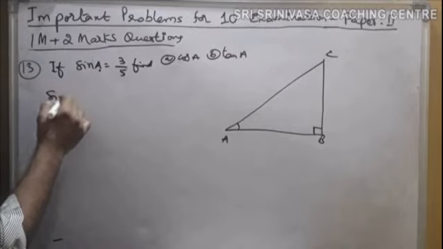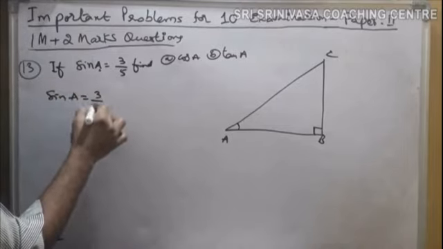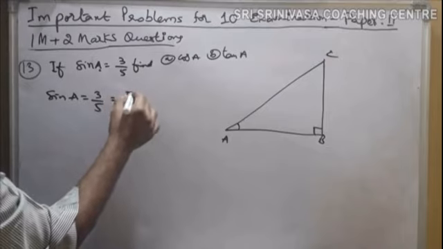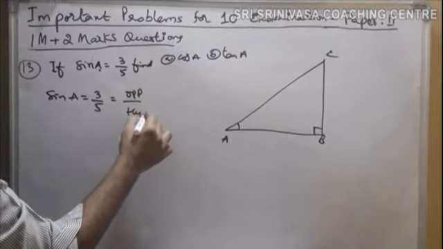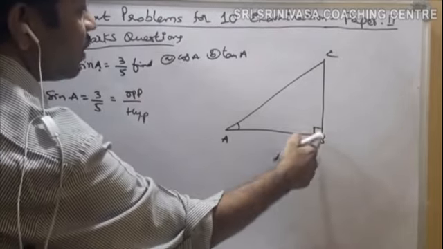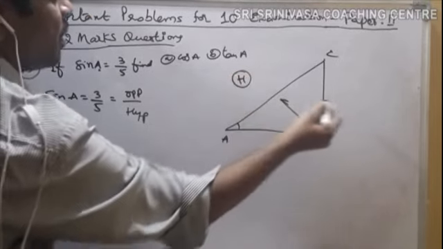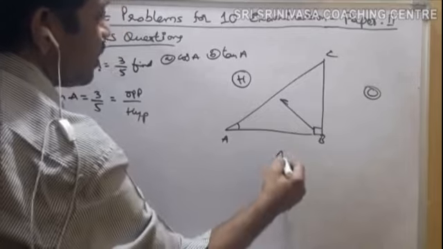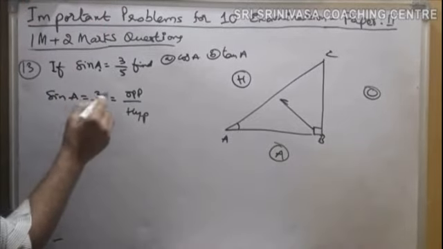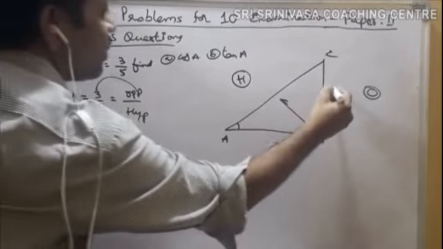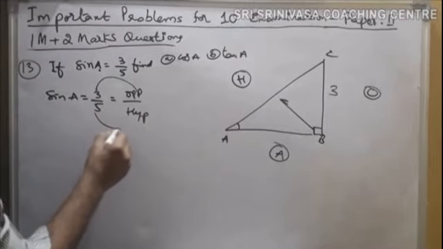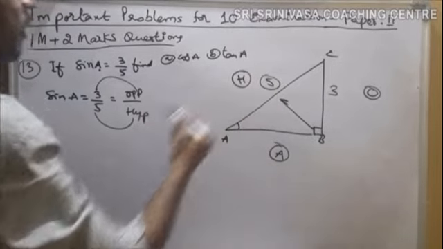Given sin A equal to 3 by 5, sin A is opposite by hypotenuse. Already we know that the side opposite to the right angle is the hypotenuse, and the base is adjacent. Since the opposite is 3, let me take 3 here, and the hypotenuse is 5, let me take 5 here.